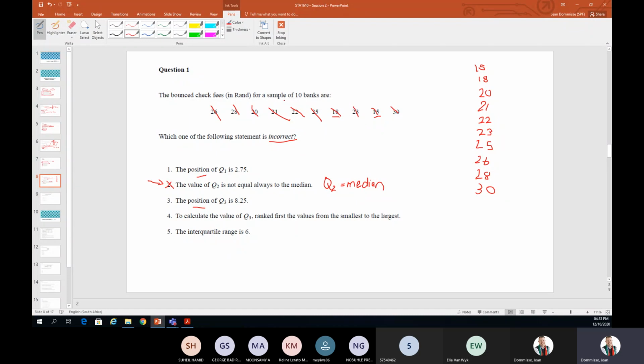So how many was there? 10 banks? 10, so 4. So between those two would have been Q2.